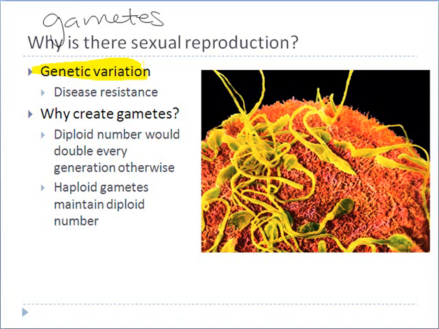By having us all have different genetic makeups, we have the ability for some of the individuals in the population to be able to persist in the face of a disease and survive to pass genes on and thus ensure that the species continues even if certain individuals may die off. So creating gametes is the way by which we undergo sexual reproduction.